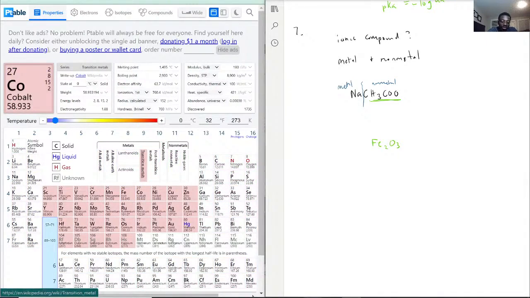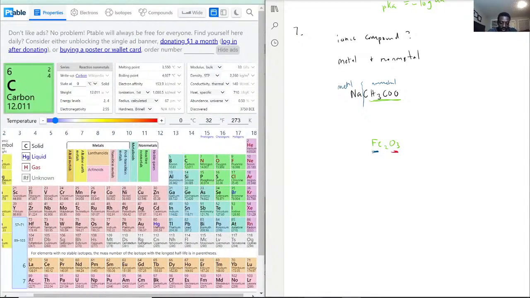These are transition metals, so these still count as metals. And so now you still have your metal and your non-metal, making this an ionic compound. There are a few more trickier metals you have to get used to, like aluminum, for example. That is still considered a metal, even though it's all the way on the 13th column.